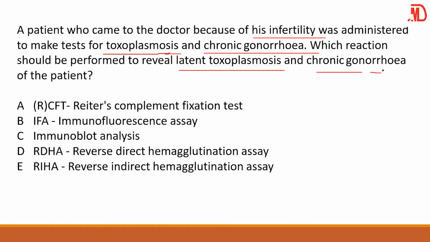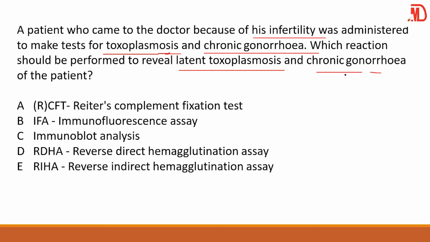A complement fixation test is used to detect the presence of either a specific antibody or a specific antigen in a patient's serum. So look at it over here: which reaction should be performed to reveal latent toxoplasmosis and chronic gonorrhea?